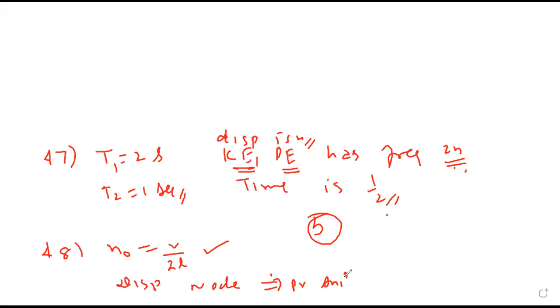That is the meaning: pressure is maximum there. And a displacement antinode is a pressure node. So the closed end being a displacement node is also correct. In an open pipe, only odd harmonics are present. That is wrong. So C is the answer.